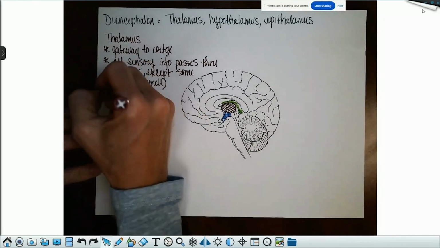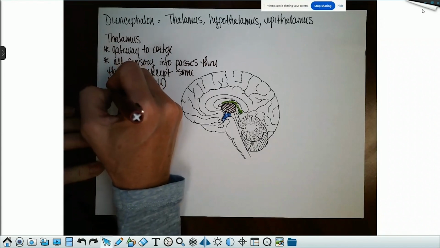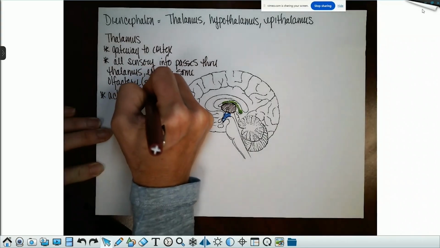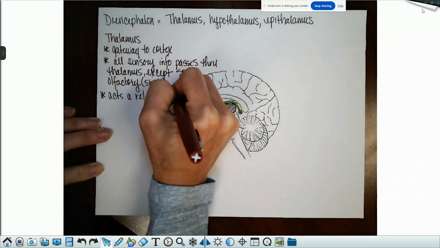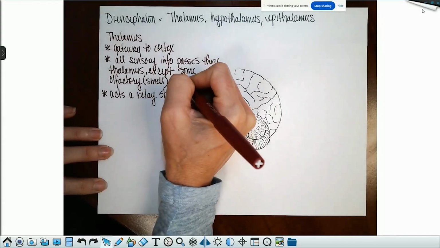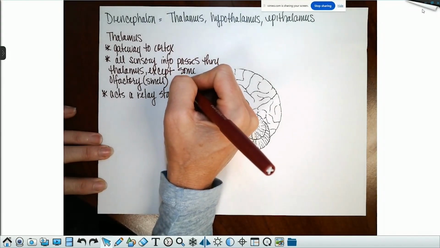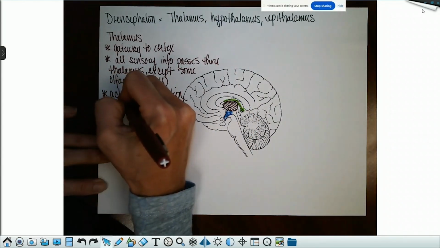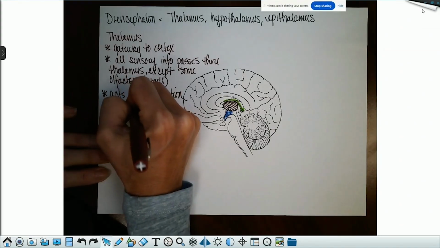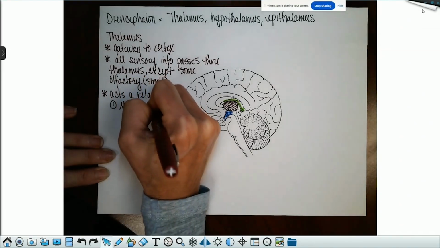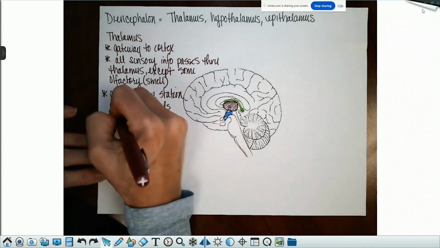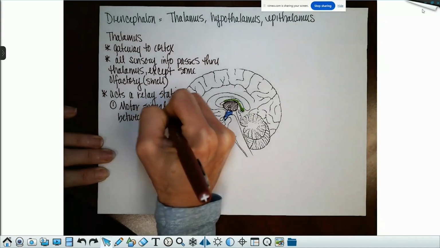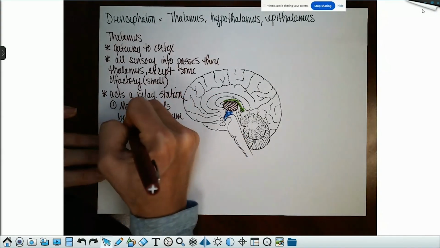The thalamus also acts as a relay station. So, there are feedback loops that take place in this area. Some of these feedback loops are for motor signals that occur between the cerebrum and the cerebellum.